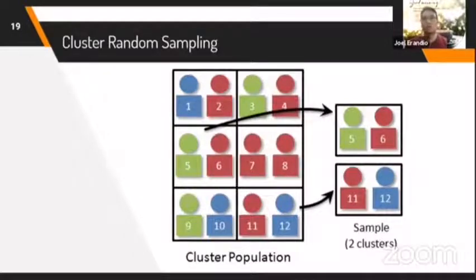This is also common dun sa na-encountered ko sa mga nagpapastat, in relation to their objectives and then the sampling. On their objective, may nakalagay measuring the differences, measuring the relationship of the different variables.